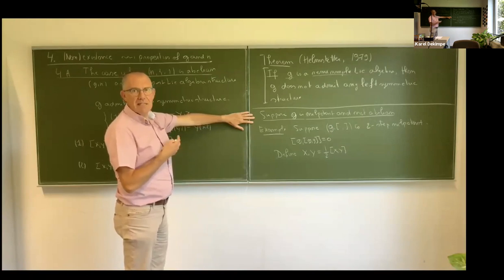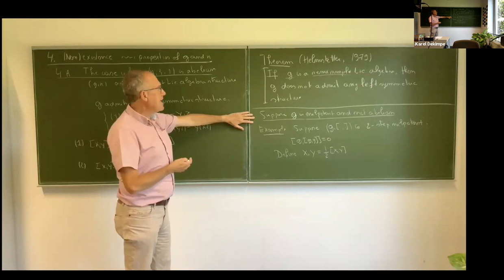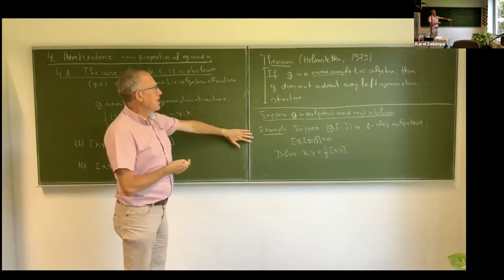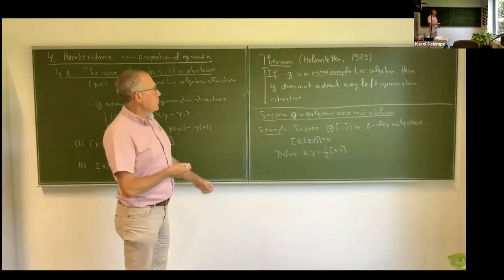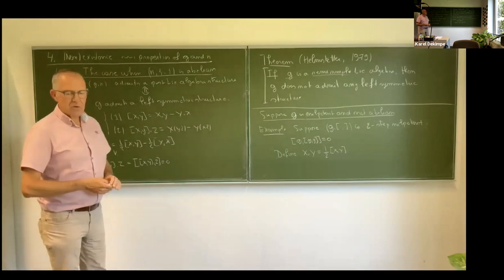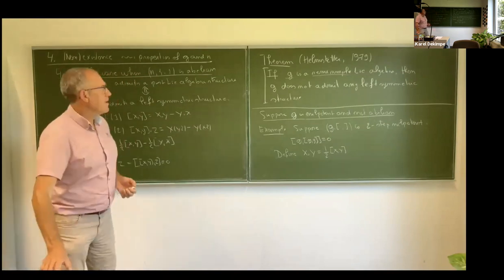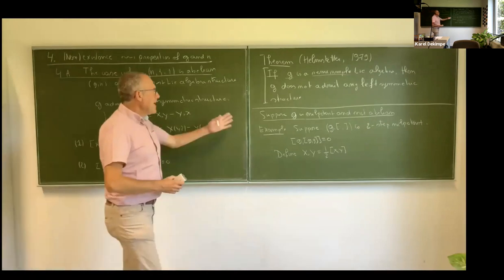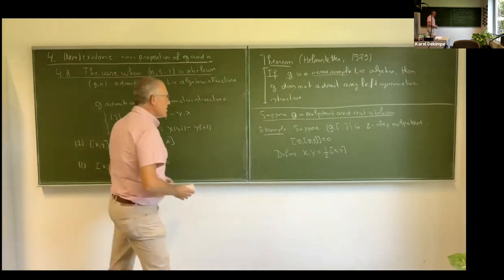So this means that all solvable Lie algebras would admit a left symmetric structure. This was believed for a long time. But we have seen that by the results of Benoist and Burde and Grunewald, this is not the case. So many of them have such a structure. This is just a simple example.